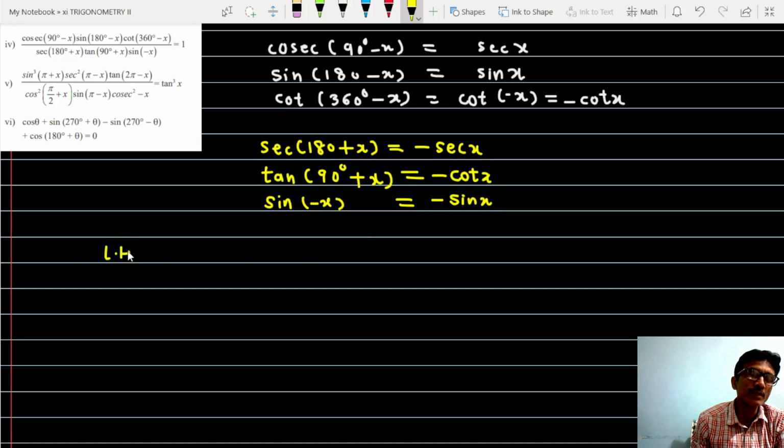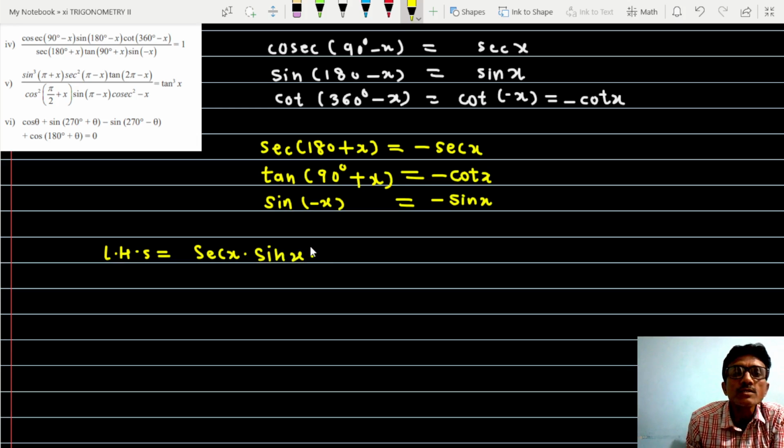Here in LHS, what is in the numerator? Cosec of 90 minus x, it is sec x, into sin of 180 minus x, what is that? Sin x, into cot of 360 minus x, what is that? It is minus cot x. Denominator: sec of 180 plus x, what is that? Minus sec x.